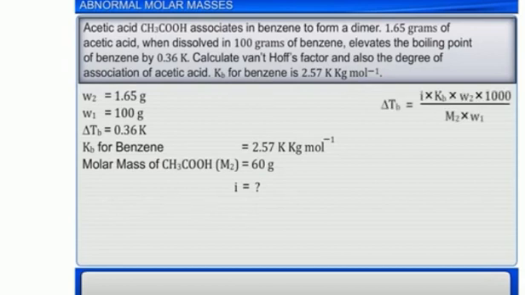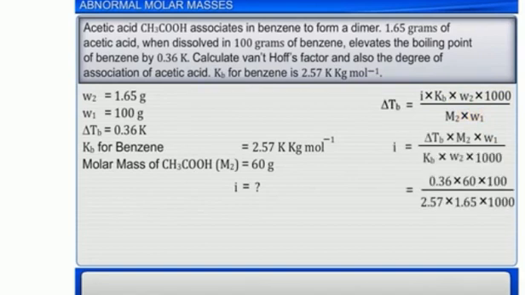Substitute these values in the modified equation for elevation in boiling point. Elevation of boiling point delta Tb is equal to i multiplied by Kb multiplied by W2 multiplied by 1000 divided by M2 multiplied by W1. On solving for i, we get van't Hoff's factor i is equal to 0.5093.